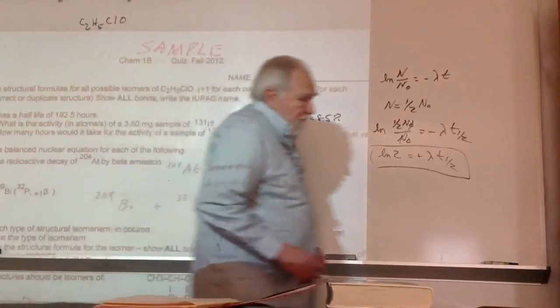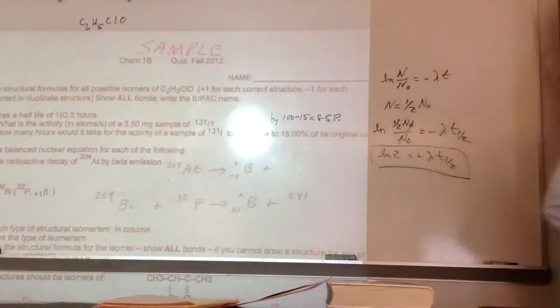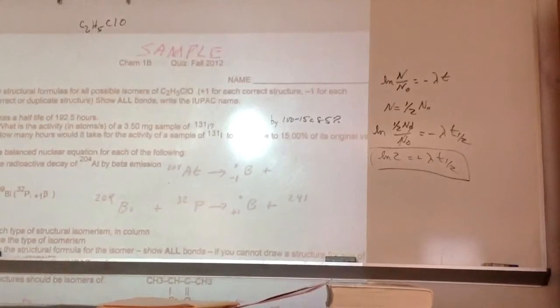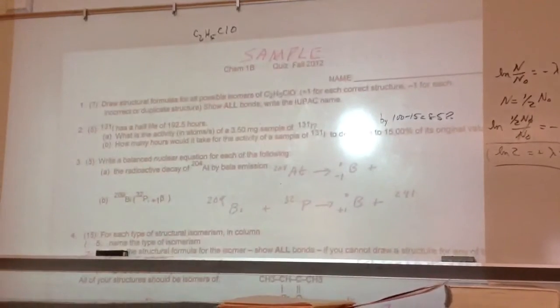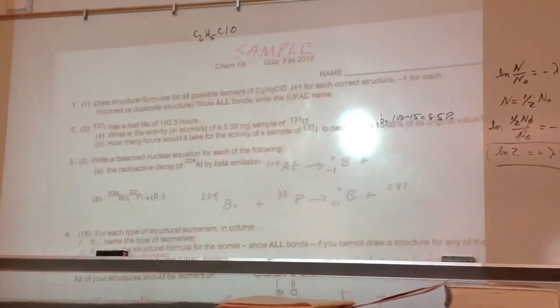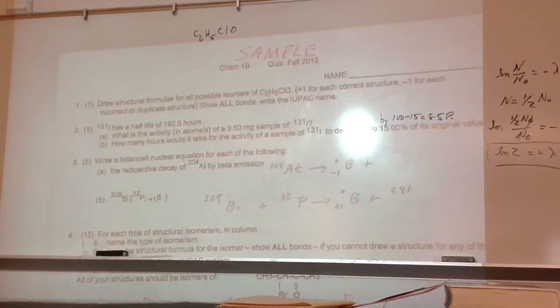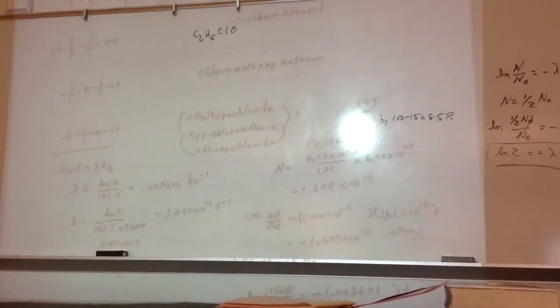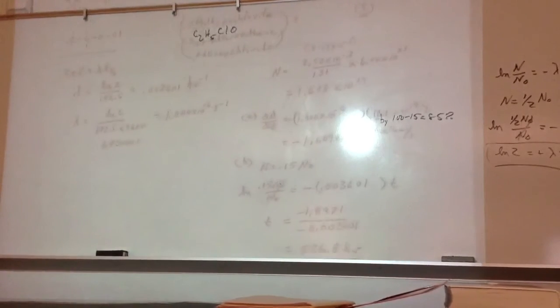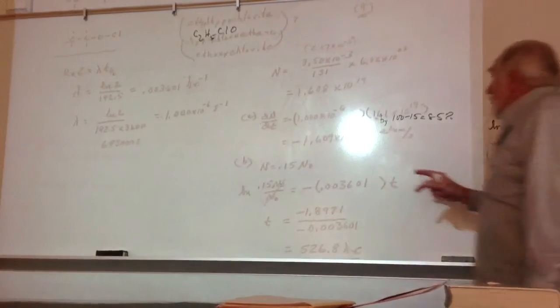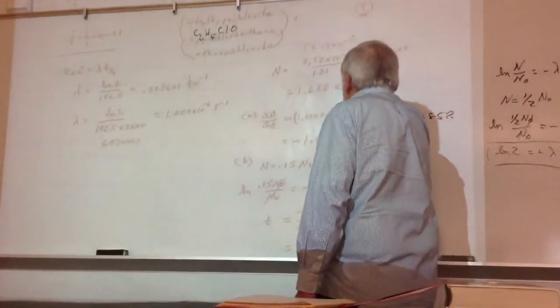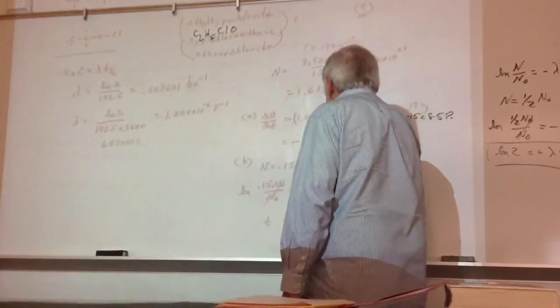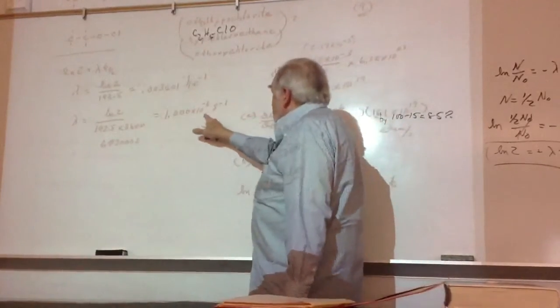Then the other question was, how many hours would it take for the activity to decrease? Let me go back to the other side now. For this one up here, it wanted the units in atoms per second, so that's why I needed the rate constant in seconds.